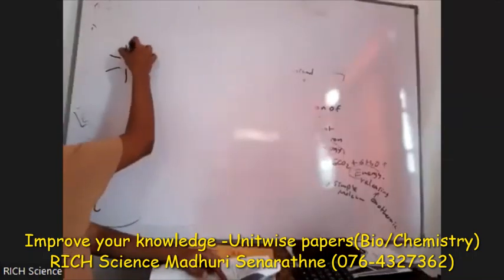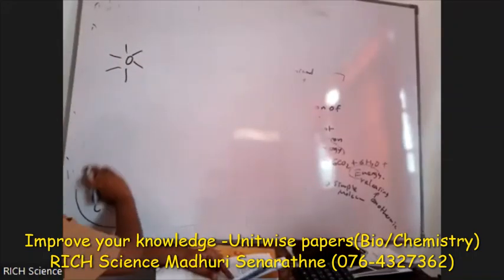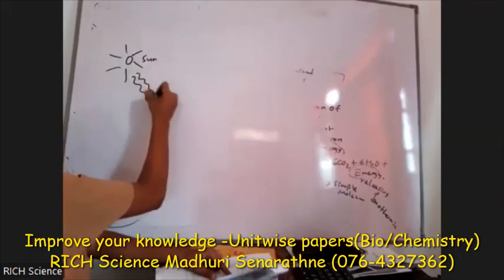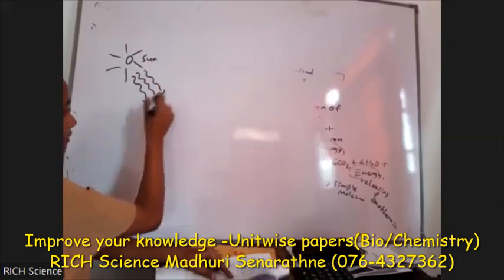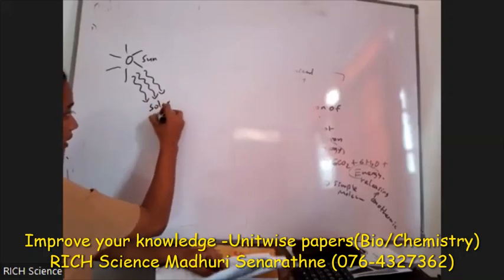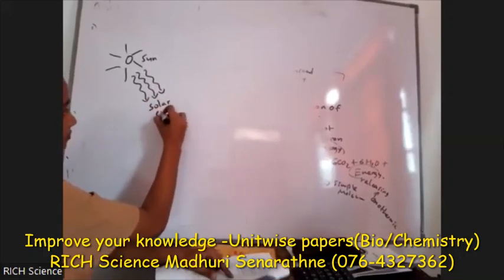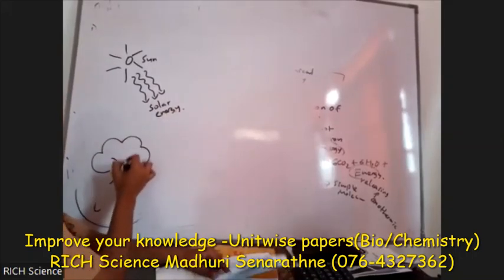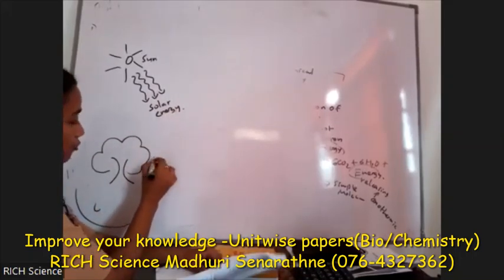All organisms depend on the sun. Okay. Then the sun is rising and released solar energy. The solar energy is absorbed by phototrophs.